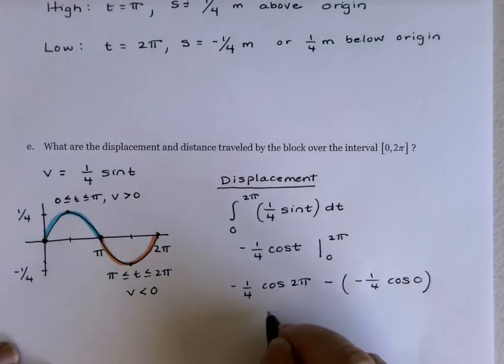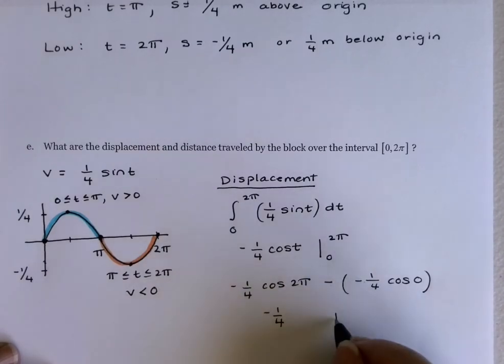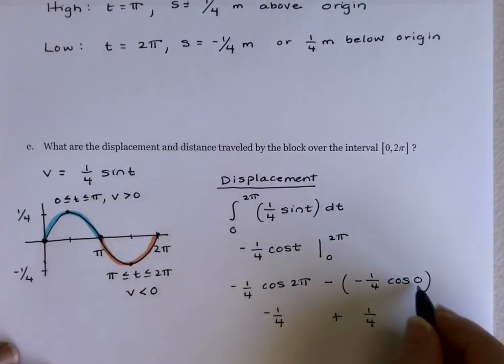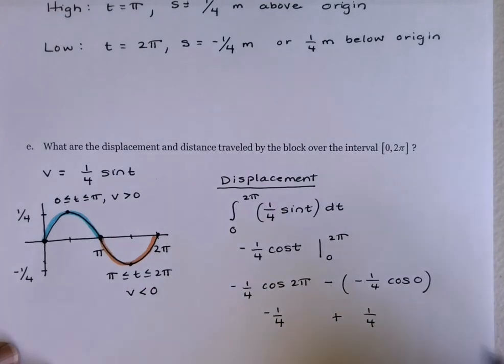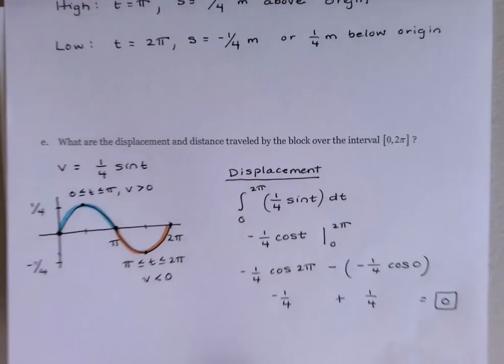Cosine 2 pi is 1, so -1/4 times 1 is -1/4, minus a negative is plus a fourth, and cosine 0 is 1 as well. So we do indeed get 0. Not surprisingly, it's exactly what we expected. All right, what about distance?